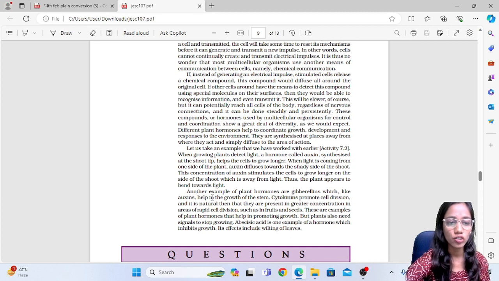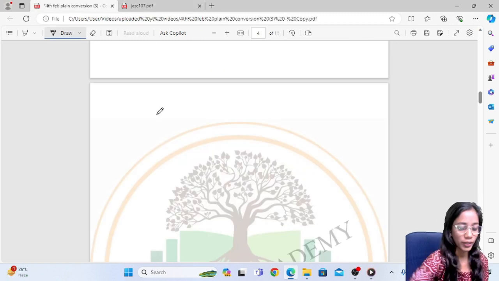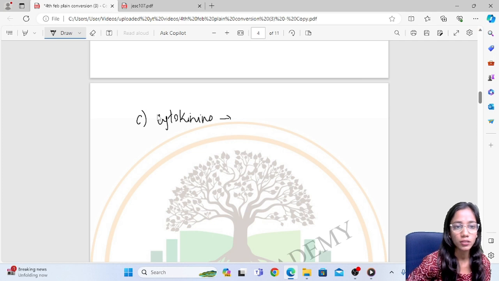They are present in greater concentration in areas of rapid cell division such as fruits and seeds. So the third hormone is cytokinins, whose major role is to promote cell division.